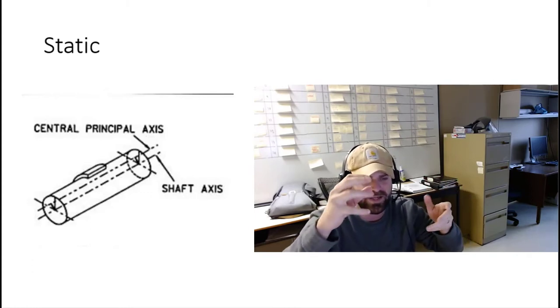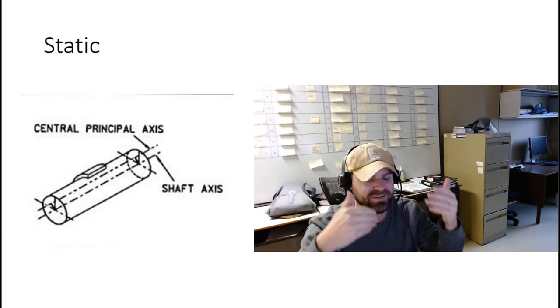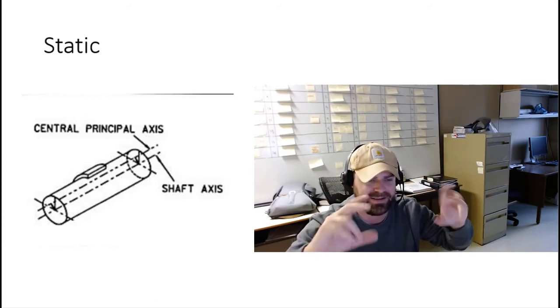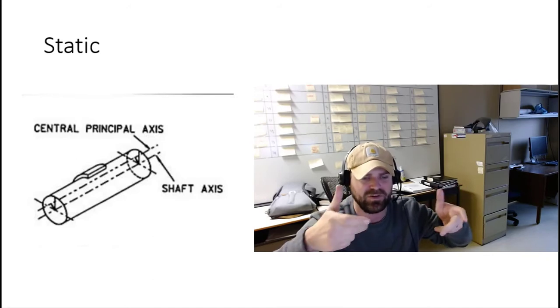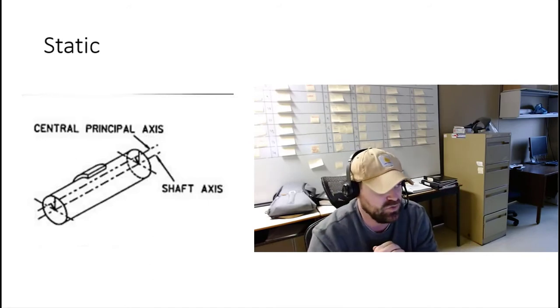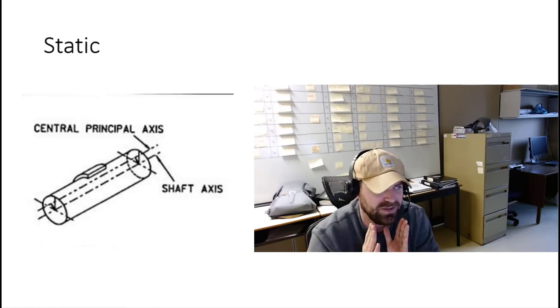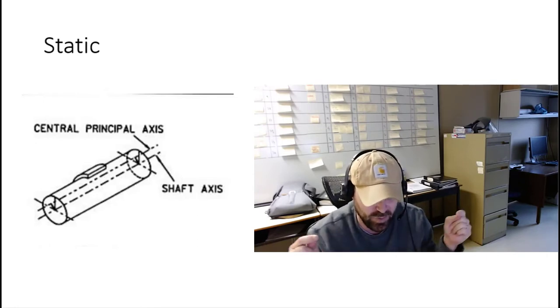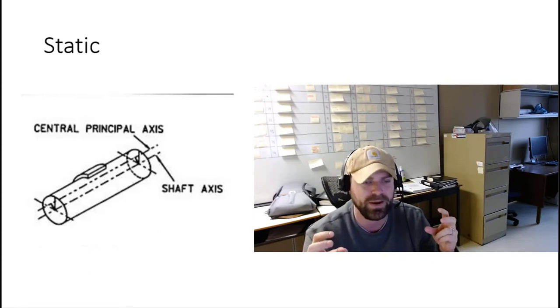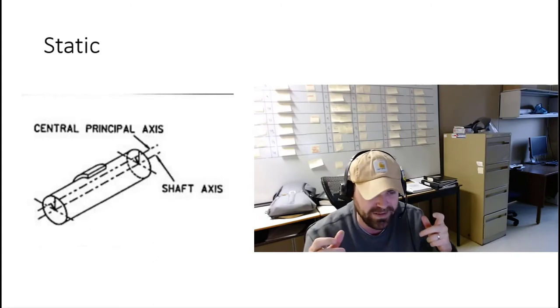It's going to rotate around the principal axis, or the weight distribution, because of the centrifugal motion. And that's really at the heart of what we're looking at today. The shaft axis is the actual center line of the drawing of the shaft, and that is fixed and held by bearings, and that's what everything rotates around.